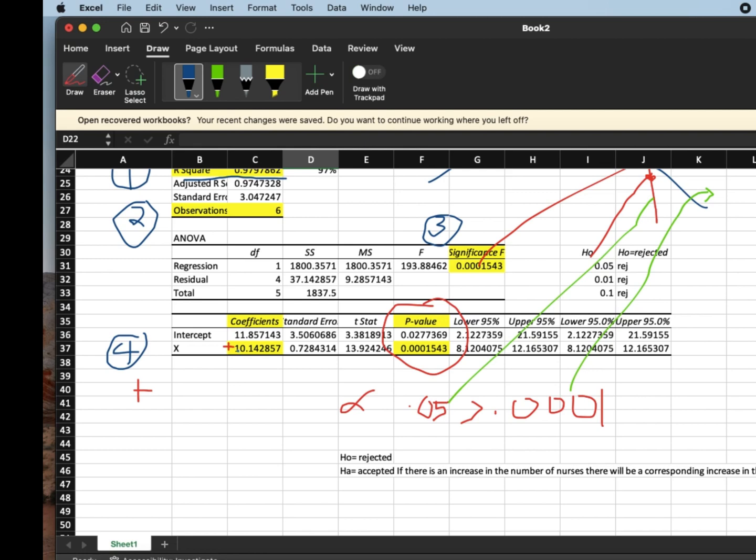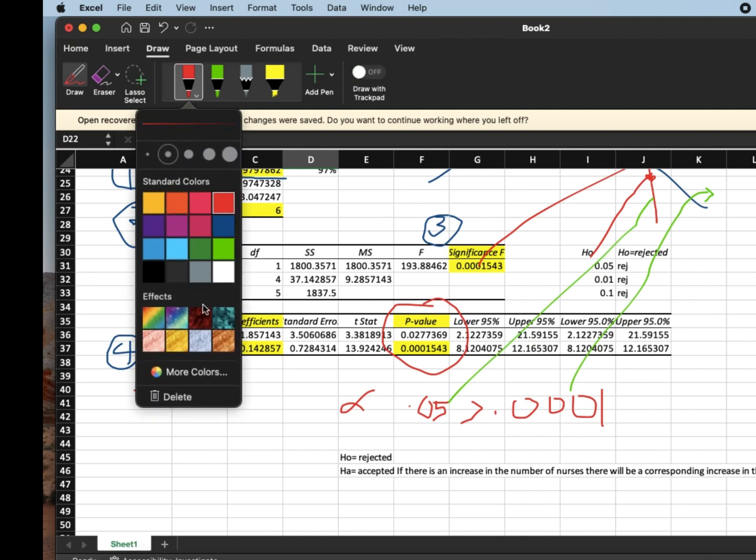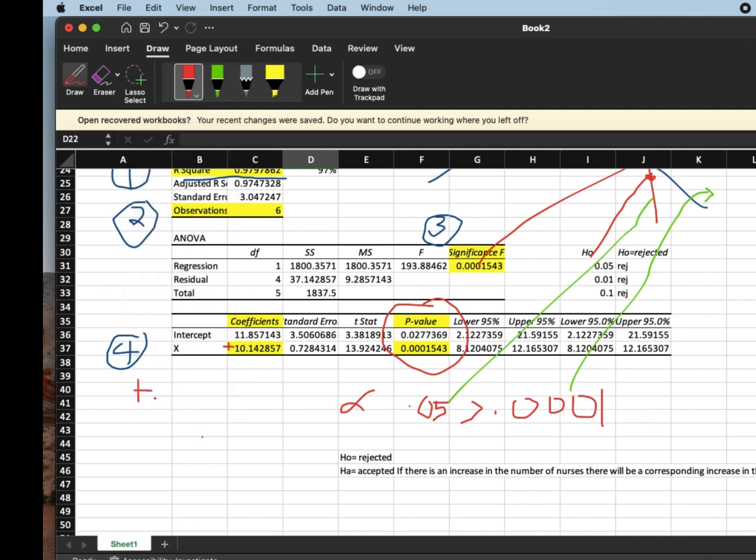We are more interested in the x than the intercept. If this is positive, it means it is positively correlated, so there is a very strong relationship between the two. This means there is a high possibility that if you increase the number of nurses, it will also result in an increase in the patients being treated.